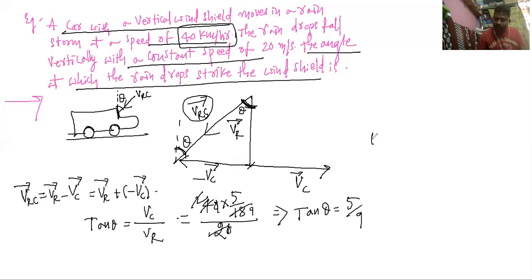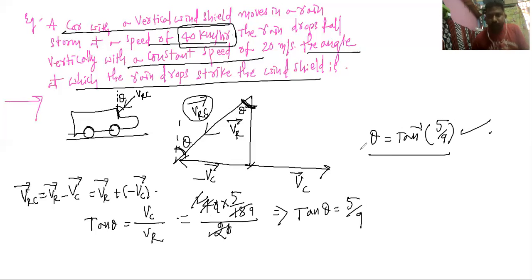From here I can write theta is equal to tan inverse of 5 by 9. Clear? This way the numericals will be asked. Let's have a look at another topic, like case 2.